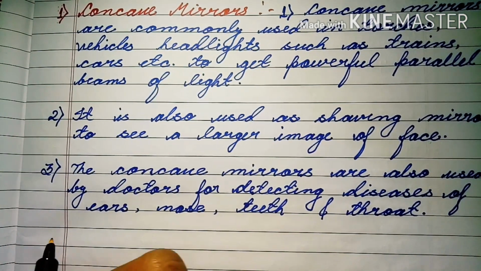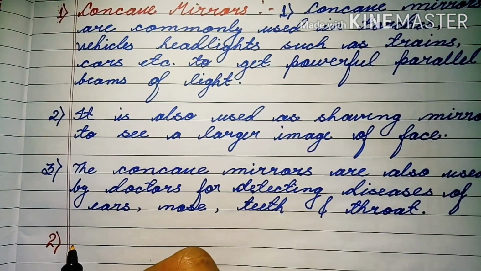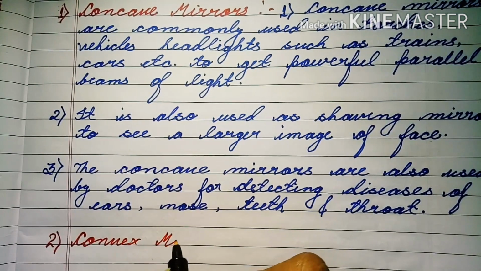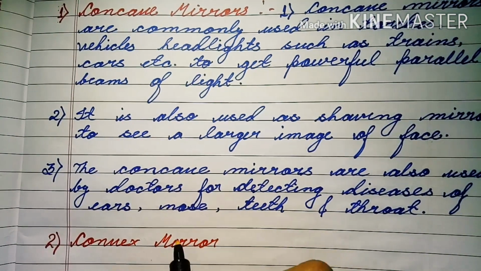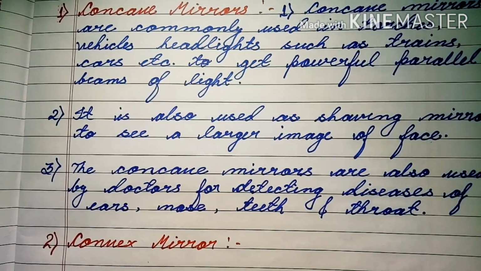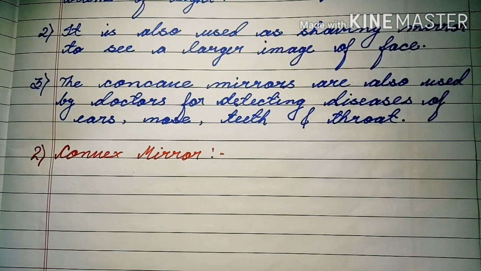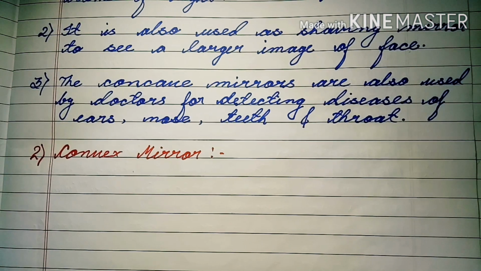Now the second one, that is convex mirror. Students, convex mirror is generally used in vehicles as a rear view mirror because it always gives an erect and diminished image in which the driver can view a larger area than a plane mirror.